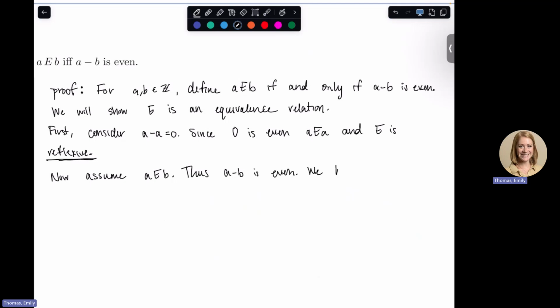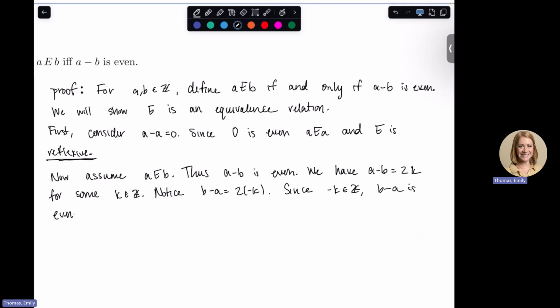We have A minus B equals 2K for some K in Z. Notice B minus A is 2 times negative K. Since negative K is in Z, B minus A is even. Thus, B is related to A, and E is symmetric.